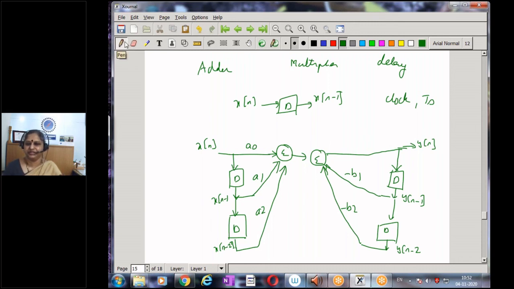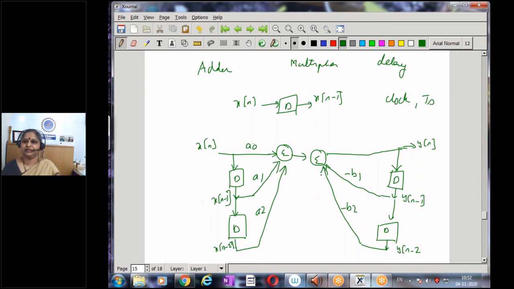So we have just taken the difference equation and put in adders and multipliers. These are all multipliers, multiplying by the gains a0, a1, a2, minus b1, minus b2. And I need delay elements, which give me x[n-1], x[n-2], and y[n-1], y[n-2].